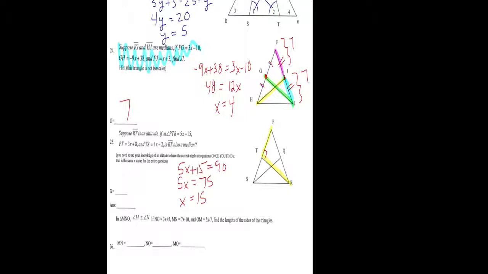If x is 15, it now wants to know is RT also a median? Well, if it was a median, then we would have to know that that segment there is congruent to that segment there. They say PT, that right there is 3x plus 8.